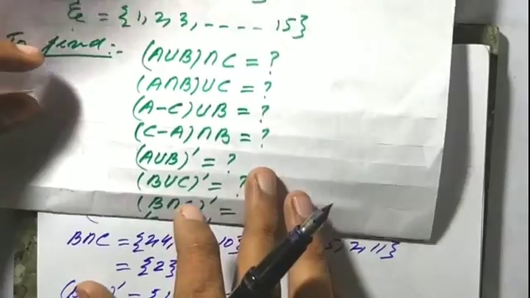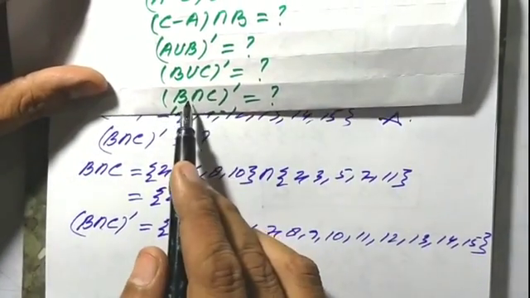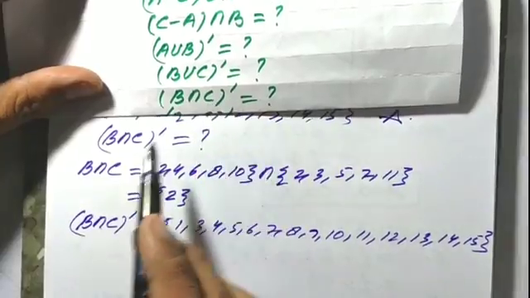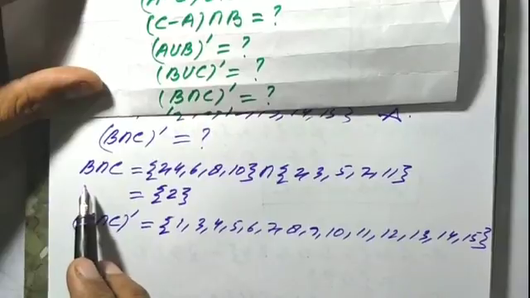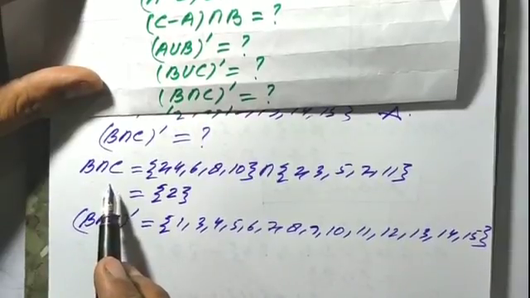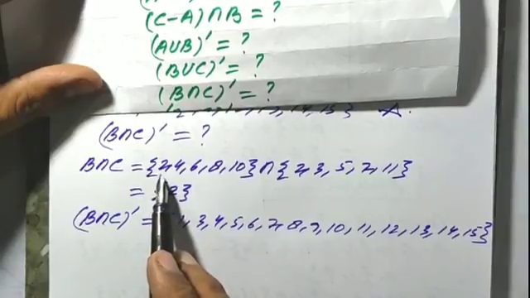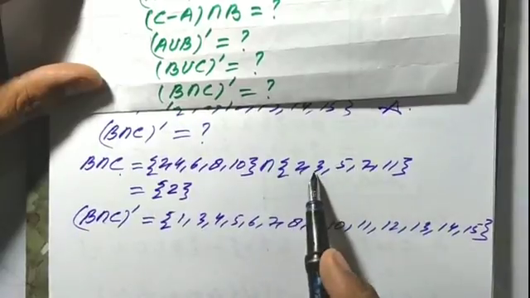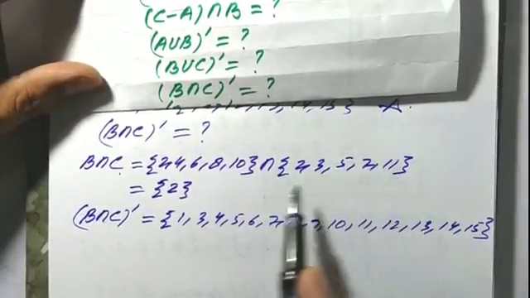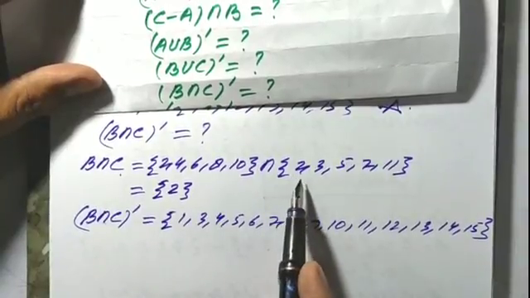Now we have to find out (B ∩ C) complement. So let's find out B intersection C first. As you see, the set B is 2, 4, 6, 8, 10, and the set C is the set of 2, 3, 5, 7, 11, and in the case of intersection we take only the common elements between the two sets.